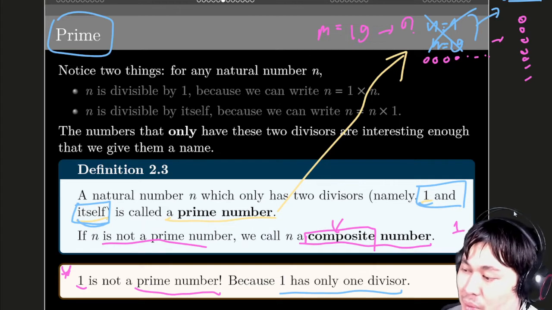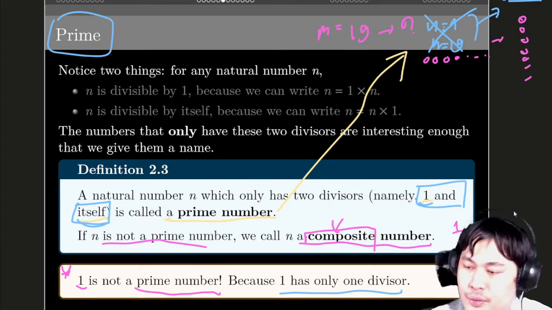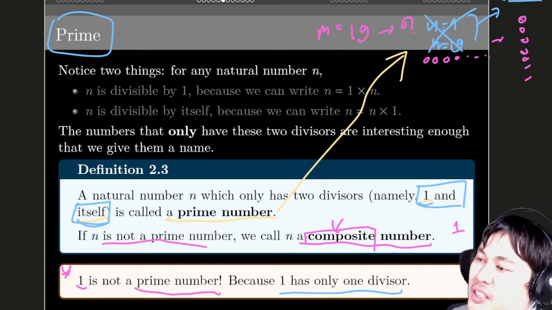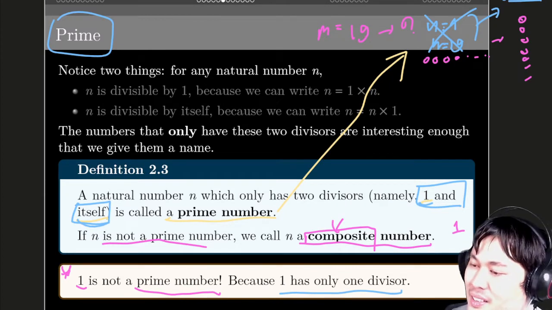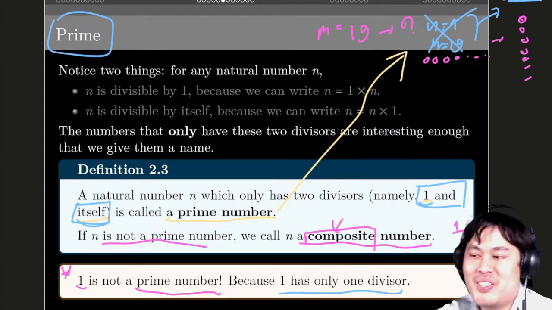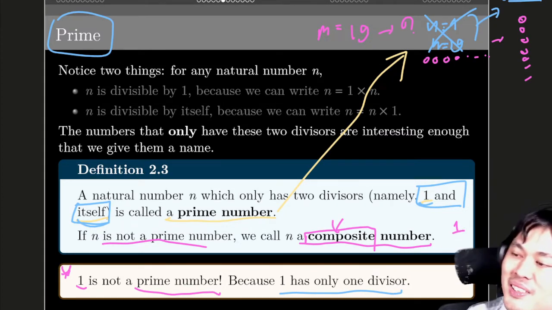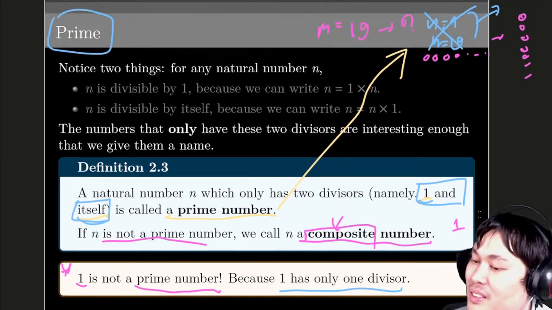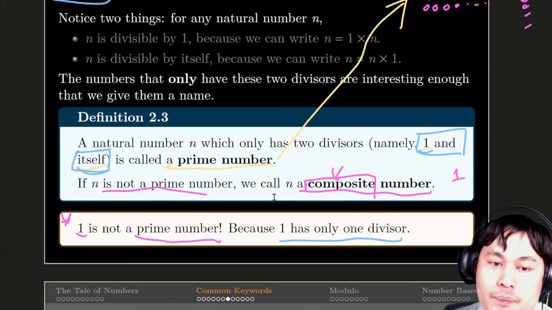There's only one way to express 1, which is just 1. So we exclude that. And actually we have a better reason to exclude that from the primes. We will see in a moment. But yeah, that's the new definition.